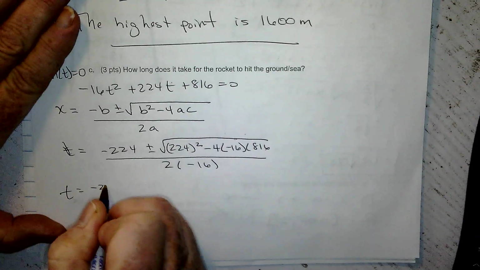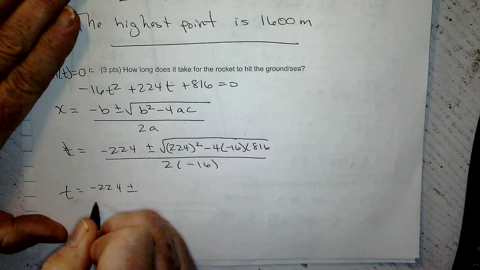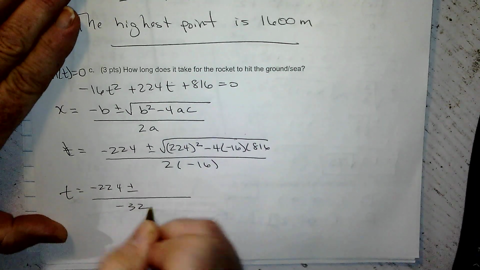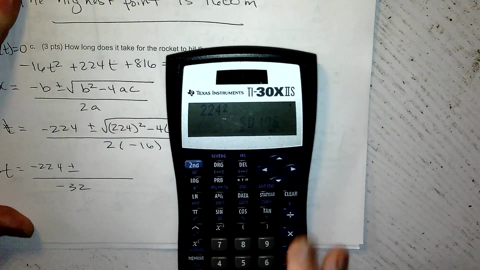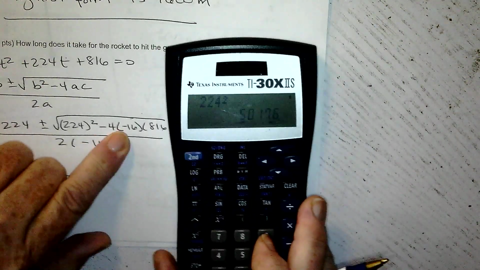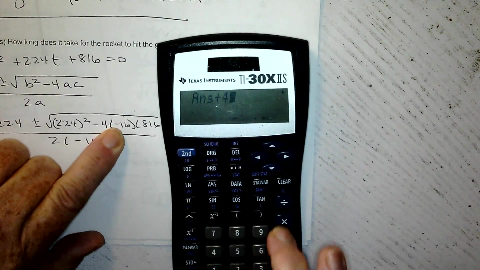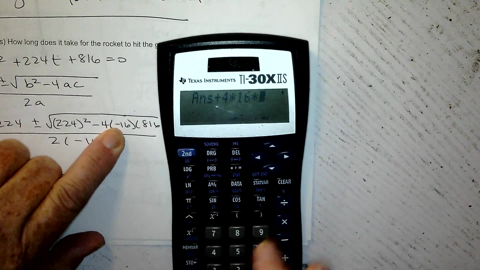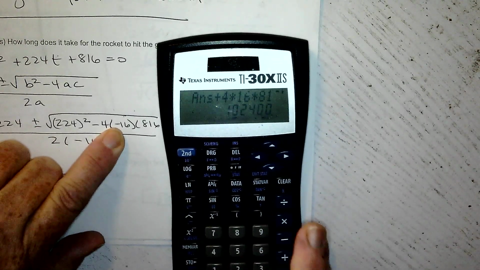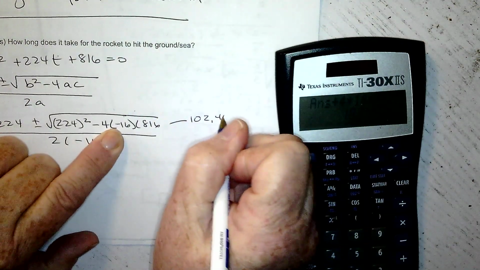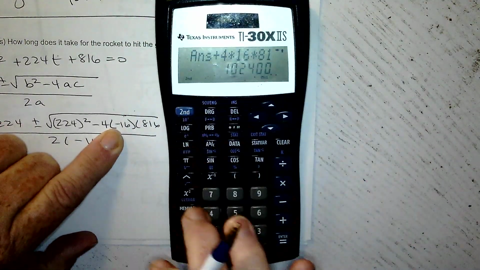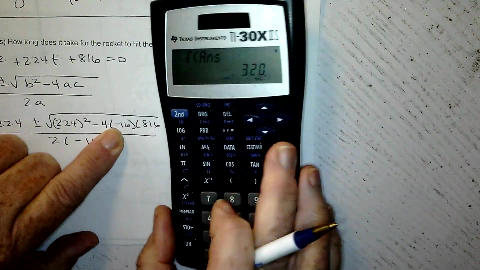T is equal to negative 224 plus or minus, and then all over negative 32. 224 squared, negative and negative is positive, so plus 4 times 16 times 816 equals 102,400, and I just need to take the square root of that, 320.